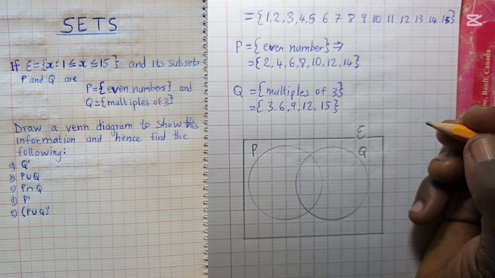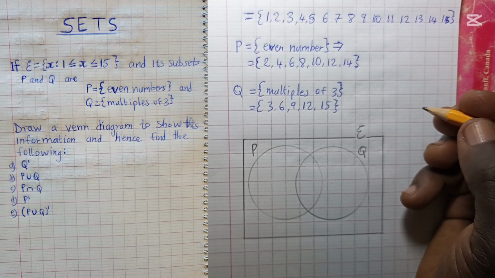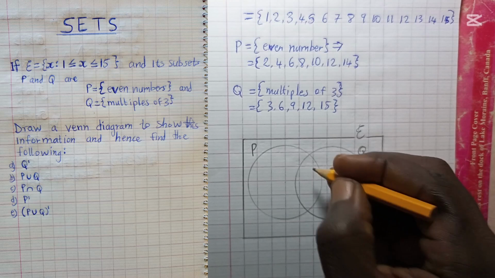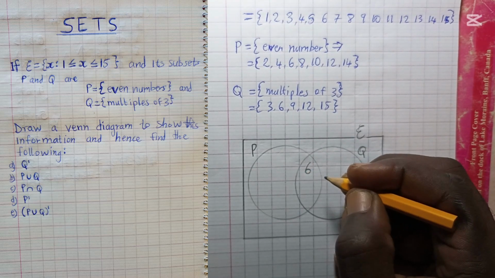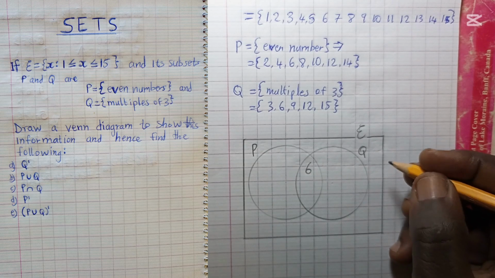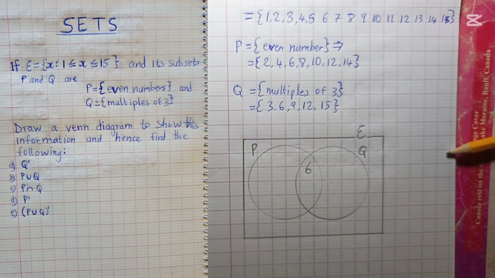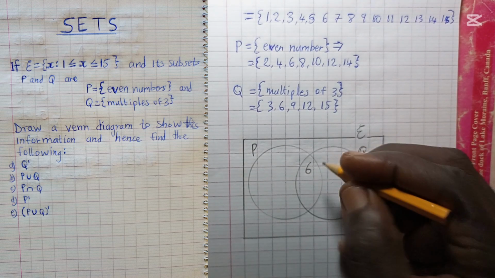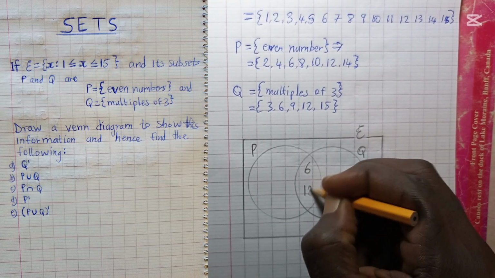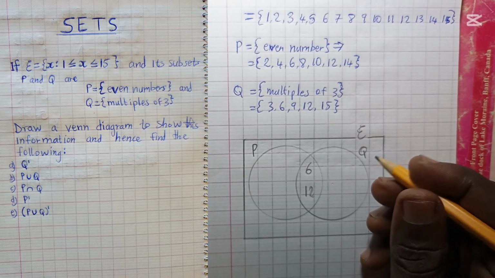Now, the elements they have in common are 6 and 12. These are the elements they have in common.